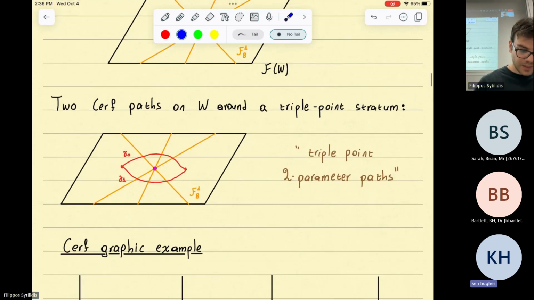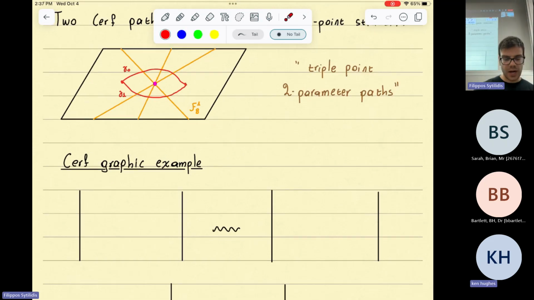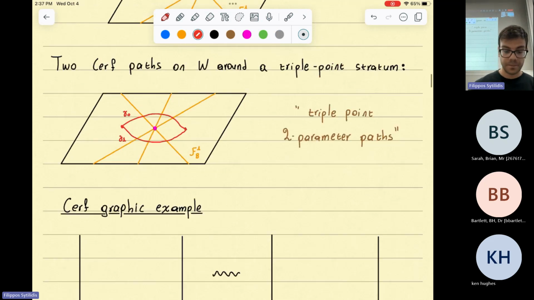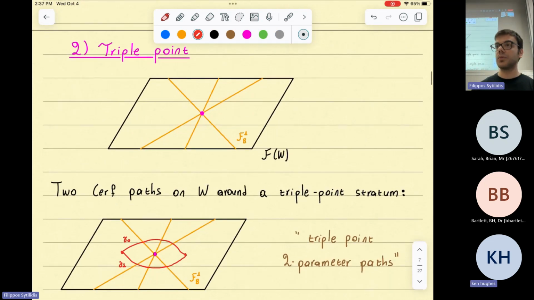And if you consider 2 surf paths, so here I'm considering those 2 surf paths, let's think of what the surf graphics are going to look like. Because they're all F1 beta, they're all crossings.